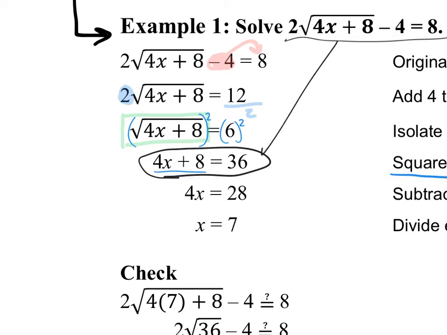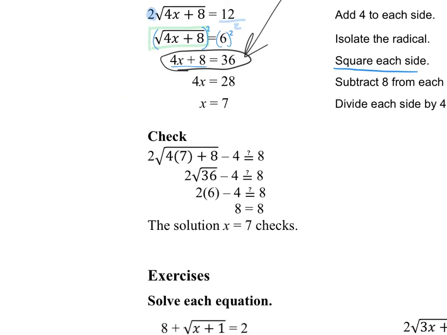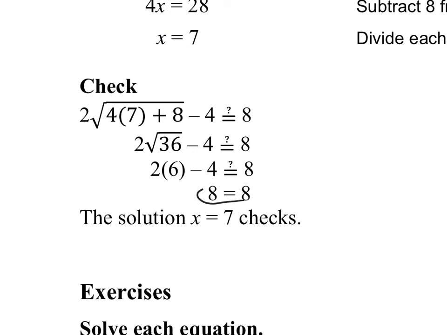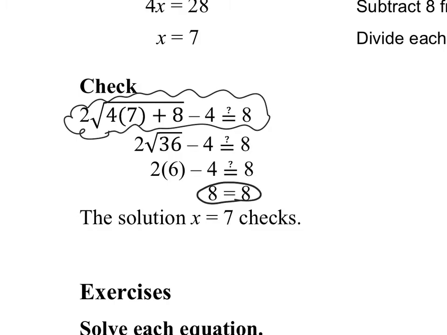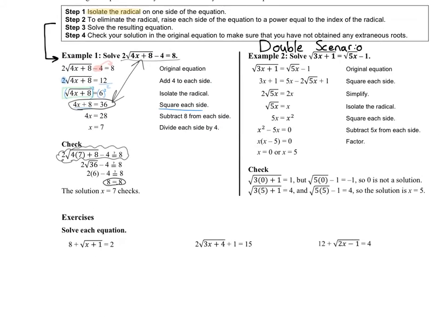So what that means is that somewhere in between here and here, some type of step might have been taken that causes the solution we find to not actually work. That's called an extraneous solution. So you'll see that we will need to double check all answers that we find to make sure that when you plug it back into the original equation, you get a true statement. The second example is a double scenario.